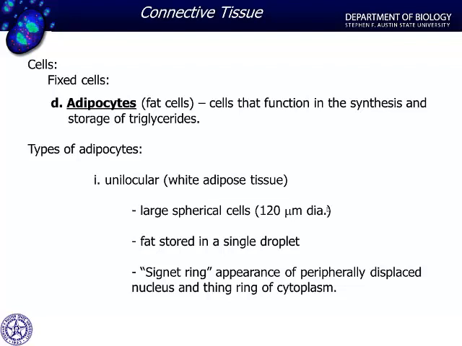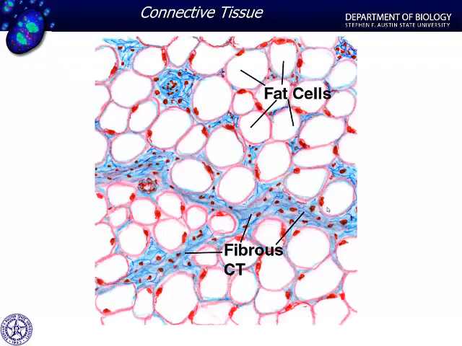So in these unilocular adipocytes, fat stored in one large single drop, and that's going to give this large signet ring appearance, especially as you remove a lot of the triglyceride during your histological processing. And you're going to be left with the nucleus that is pushed all the way to the periphery, and you can simply see all the empty space. And when you see cells that have this appearance, you know you are looking at unilocular or fat or white adipose tissue.